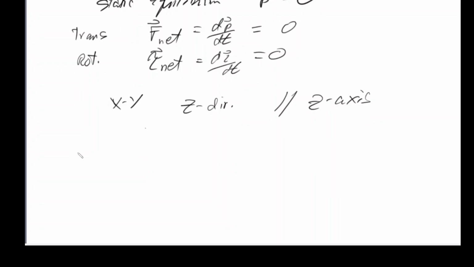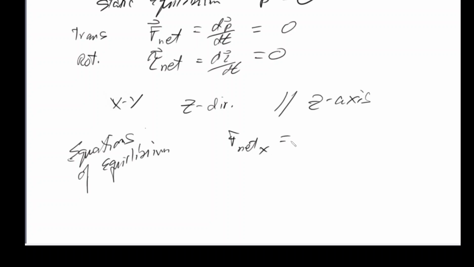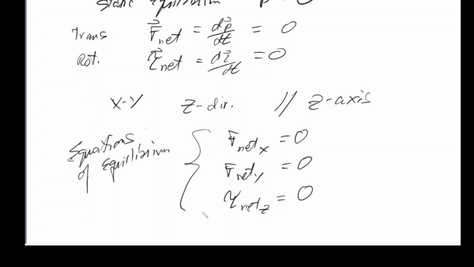This gives us our equations of equilibrium, which are that net force in the x direction equals 0, net force in the y direction equals 0, and net torque in the z direction is equal to 0. And these are what we will use to solve problems.